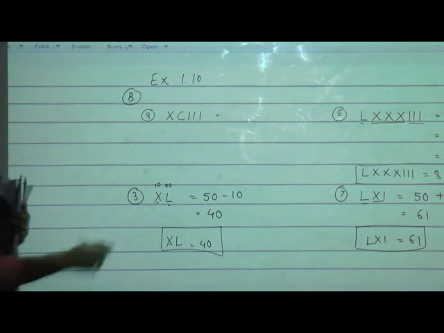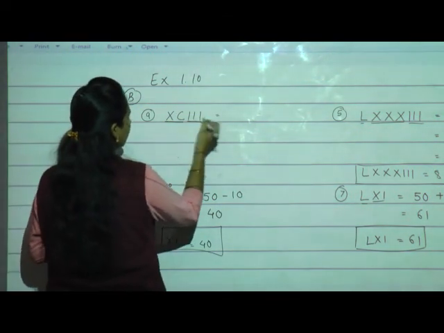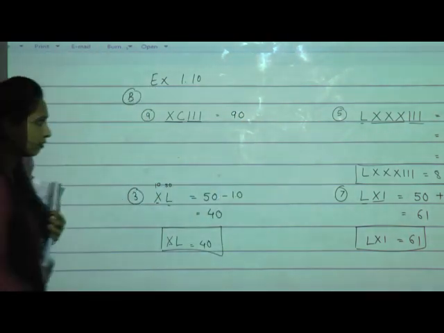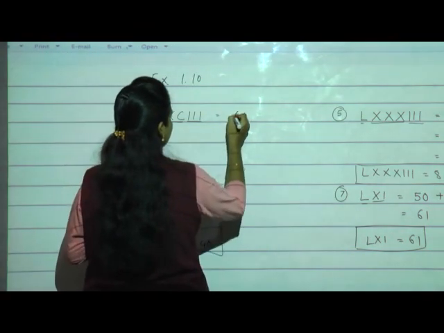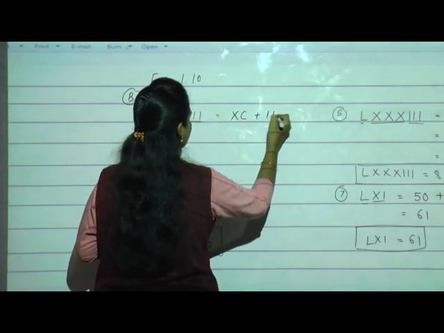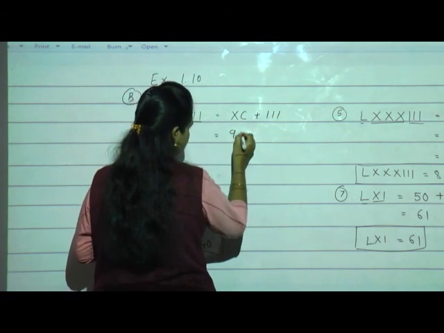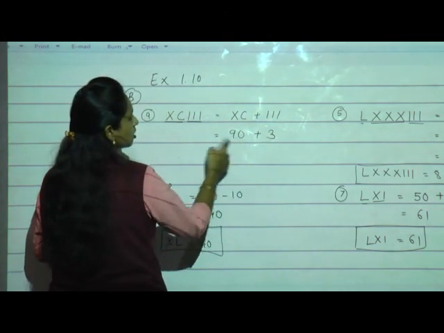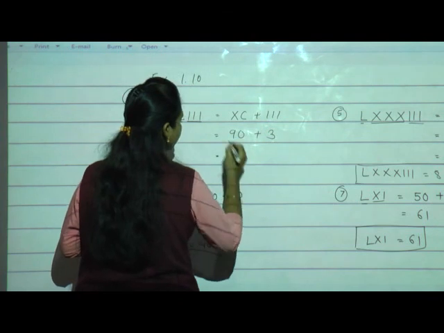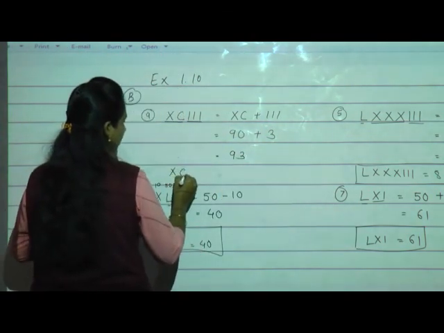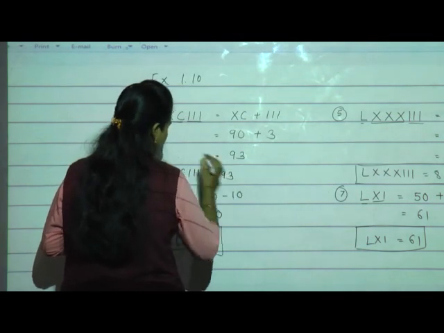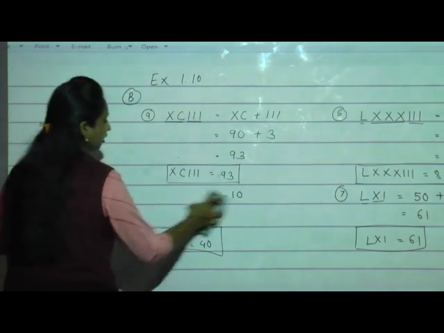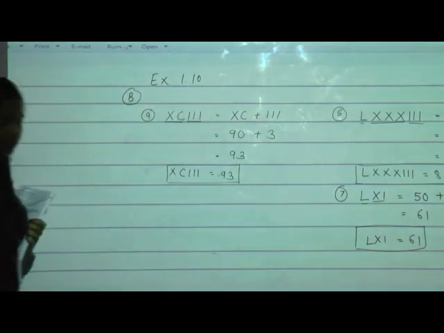So XC represents 90. And triple I means 3. First let me expand the Roman numbers. XC plus triple I. XC represents 90 and triple I represents 3. Just add these numbers together, what do we get? 93. So XC triple I is equal to 93, and just draw a nice box. Understood, students?